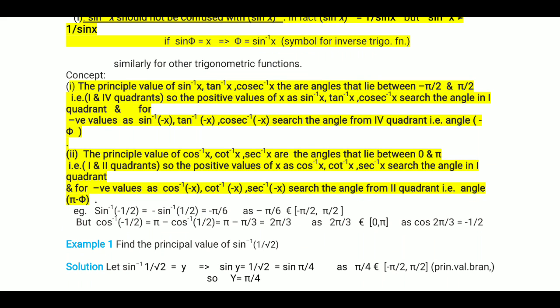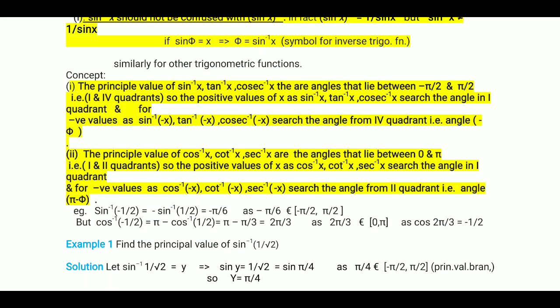Second concept is the principal values of cos inverse x, cot inverse x, sec inverse x are the angles that lie between 0 to pi. It means their principal value branch is 0 to pi. That is first and second quadrant.